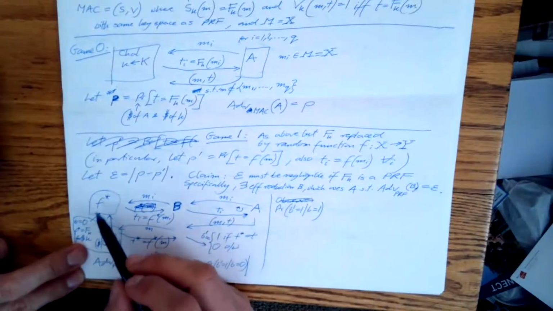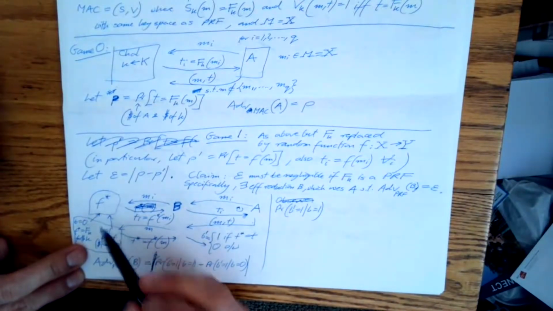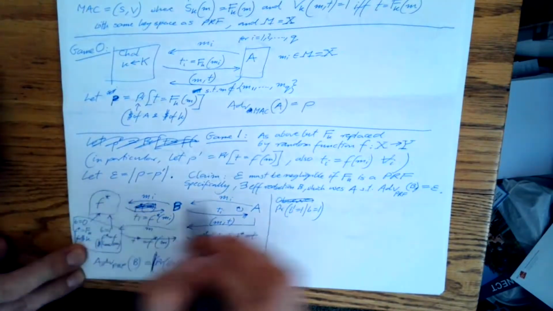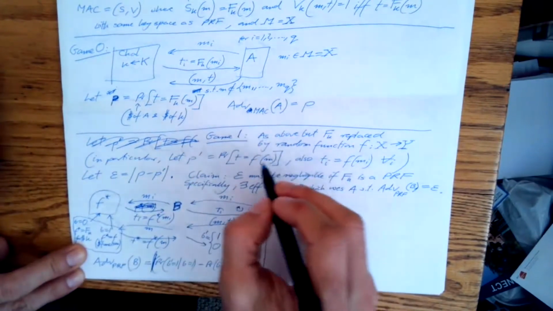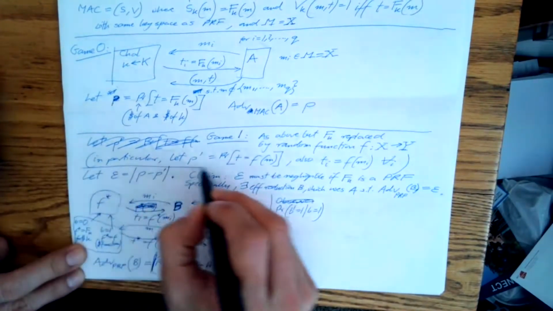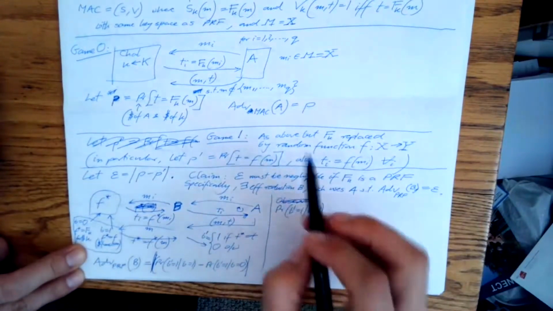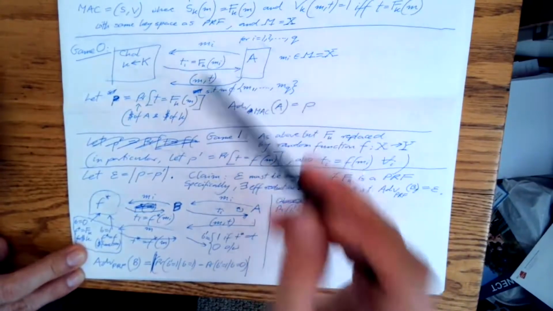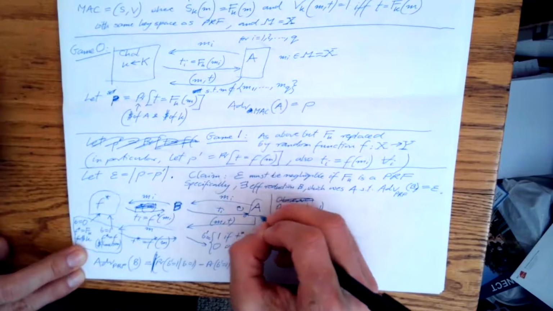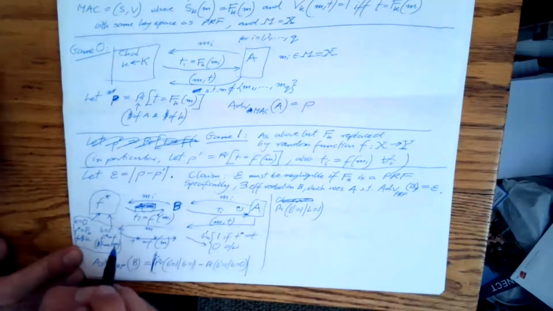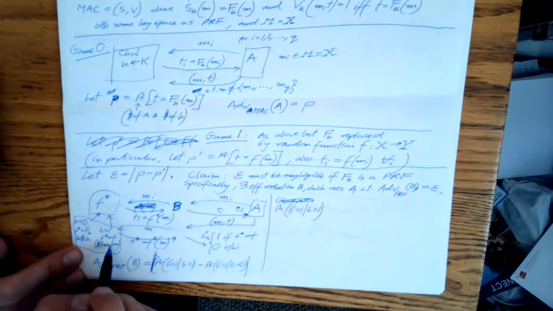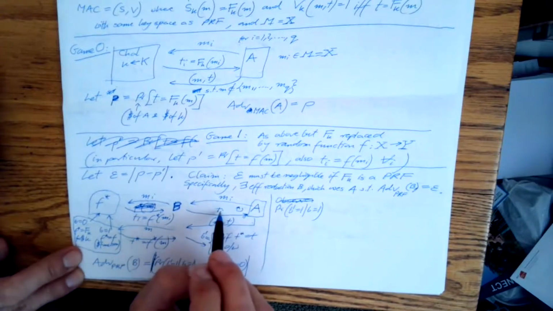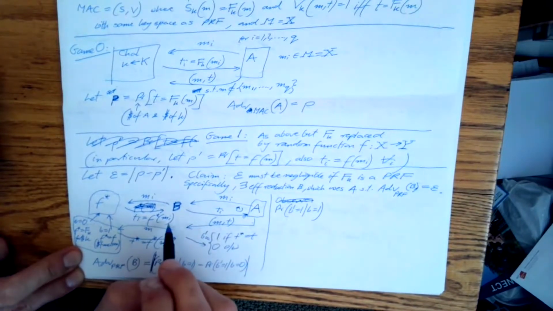If b is 1, the f star is a random function. So it's game 1. Attacker sends messages. What is A's view in this process if f star is a random function? So A sends messages, and what he gets is a random function. The t_i are just a random function on m_i.